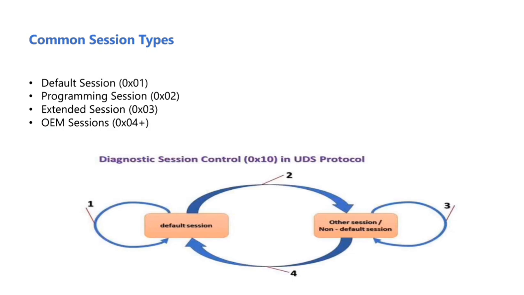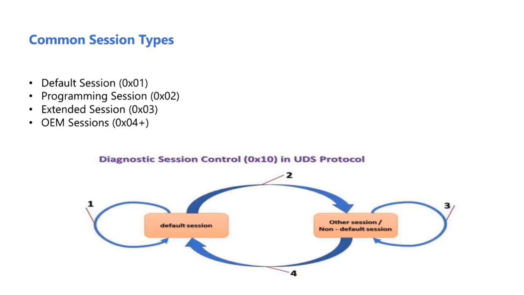So these are the common session types available in UDS: default session, programming session, extended session, and the OEM specific sessions. After hexadecimal 03, we can use the values for OEM specific sessions. Most ECUs support at least three standard session types.